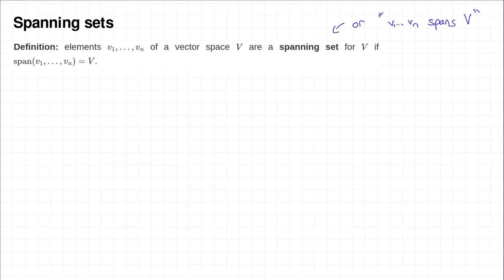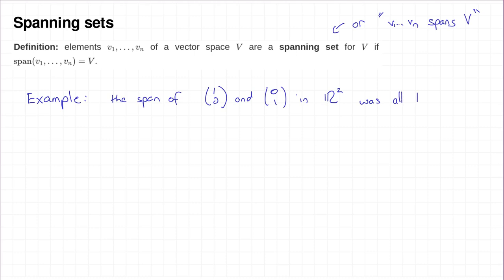And you have already seen an example of a spanning set. For example, what we saw earlier was that the span of the vectors (1, 0) and (0, 1) in R squared was all of R squared.